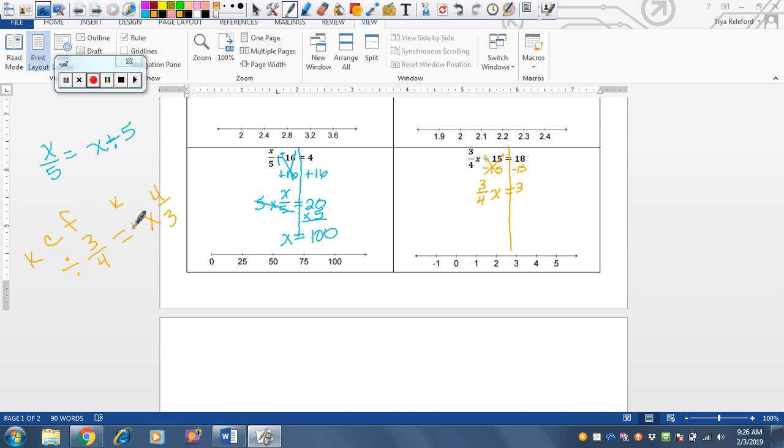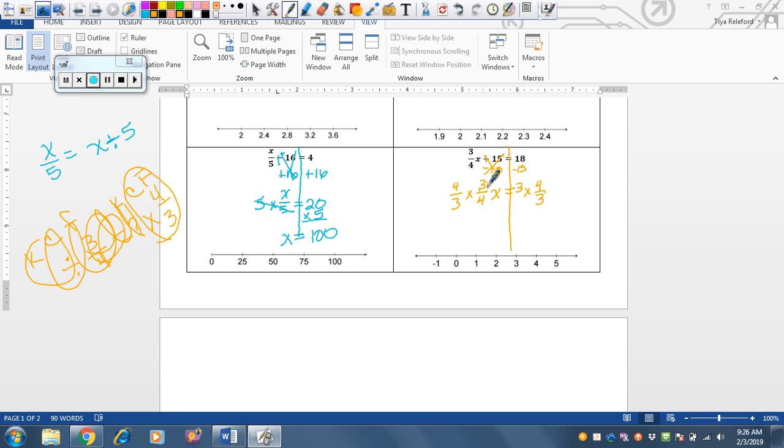Keep whatever number's here. Change, flip. So instead of even doing any of this, I'm just going to cut straight to the part that gets me the answer. So 3/4 x, I'm going to multiply times 4/3 on both sides.